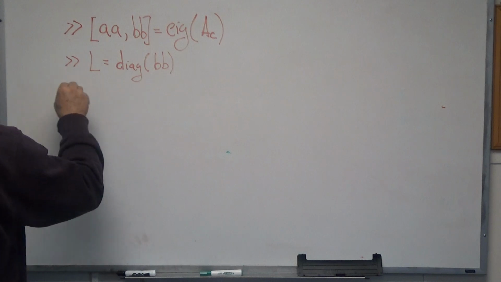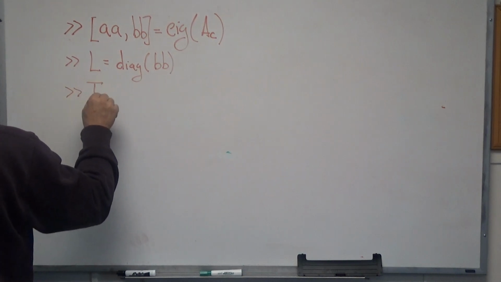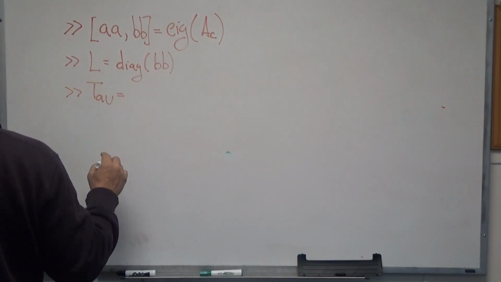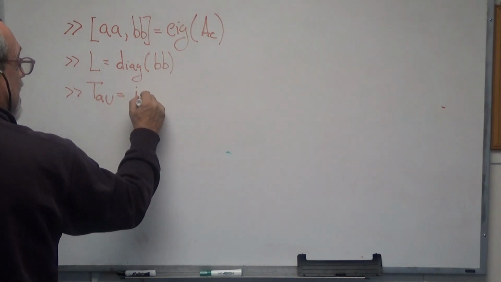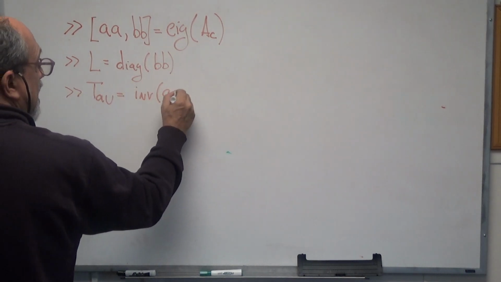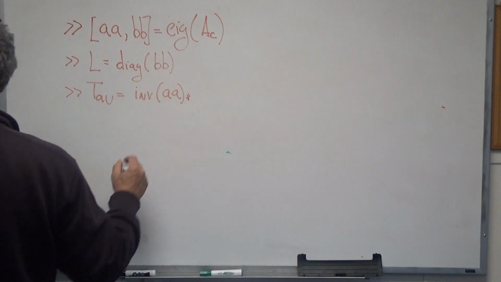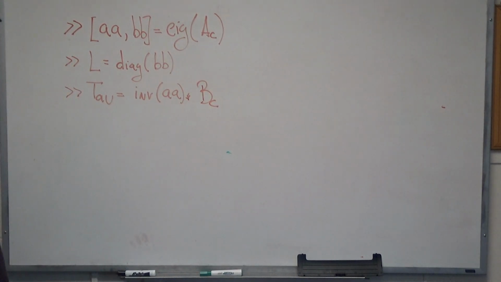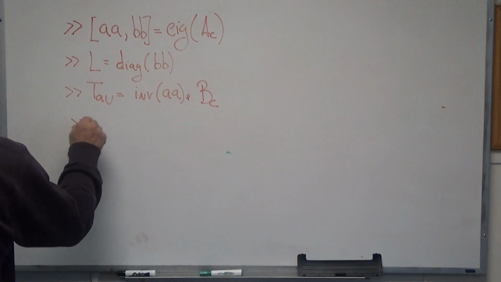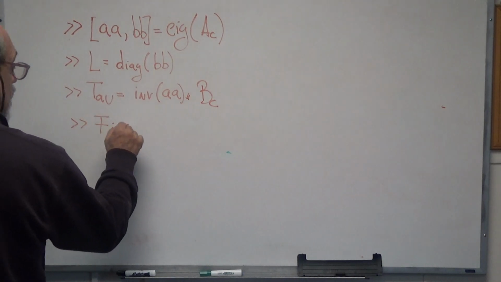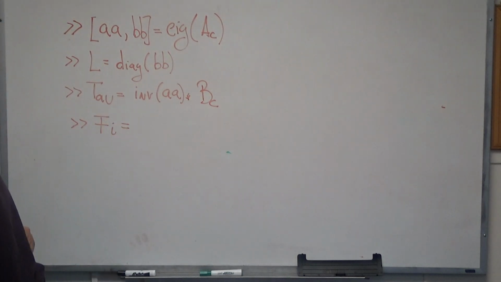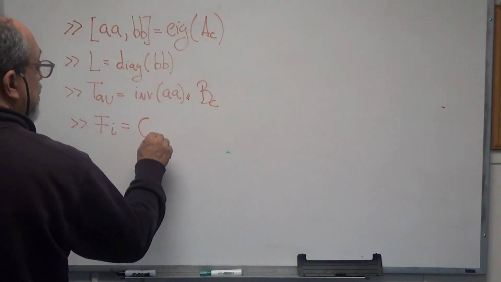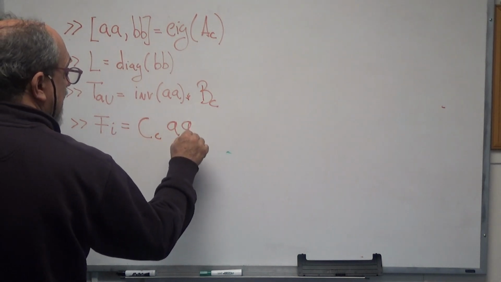Then I'm saying tau is equal to the inverse of AA times B continuous, right? And I am saying that phi, which is the equivalent of the C, right, is equal to C continuous times AA.